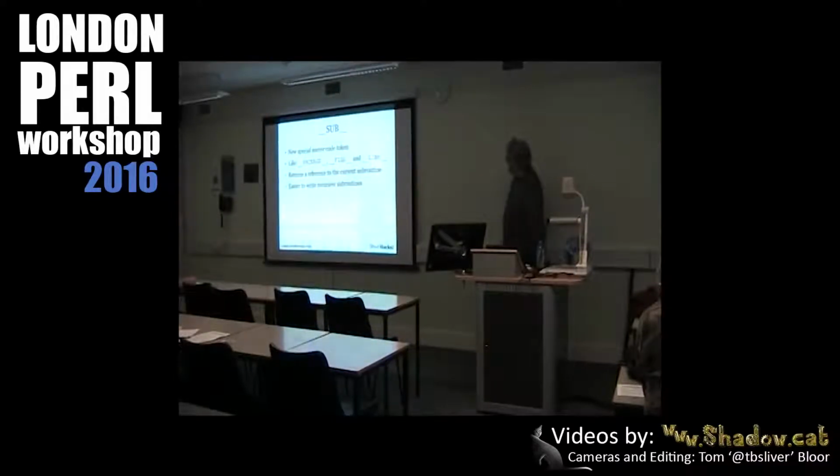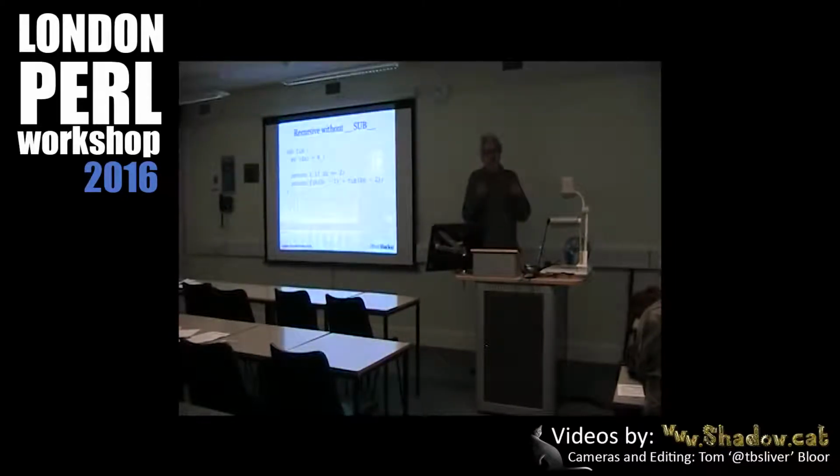And this makes it a little easier to write recursive subroutines. I know how much we all love writing recursive subroutines. And the rule is, if you talk about recursive subroutines, the example you have to use is the Fibonacci sequence.